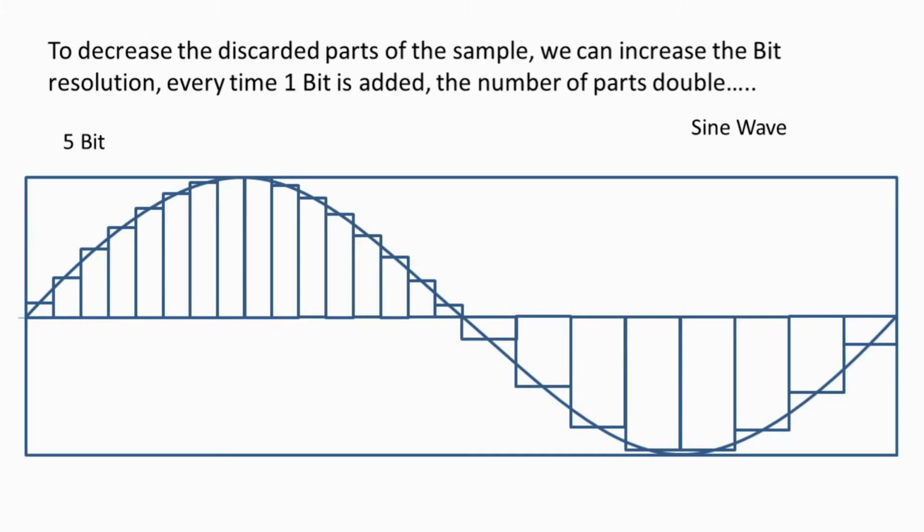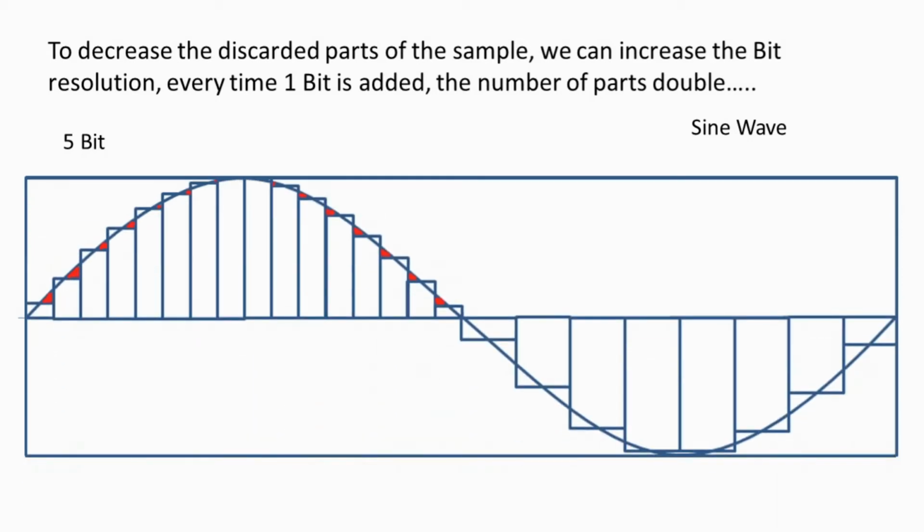To decrease the discarded parts of that sample, we can increase the bit resolution. Every time 1 bit is added, the number of parts in the sample actually doubles. So for 5 bits, you will see I doubled the first half of that sample, for example.